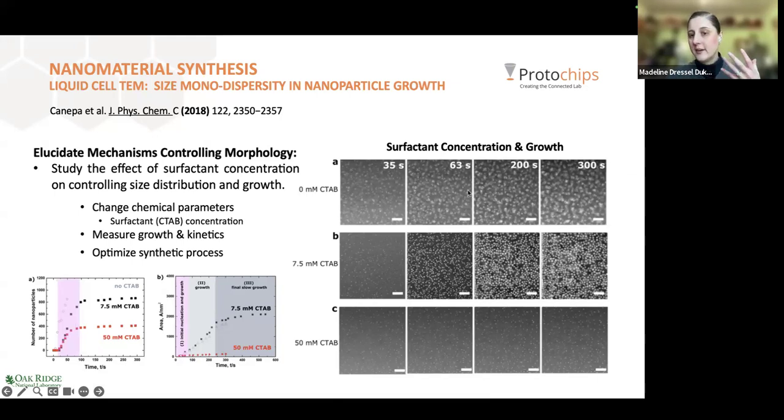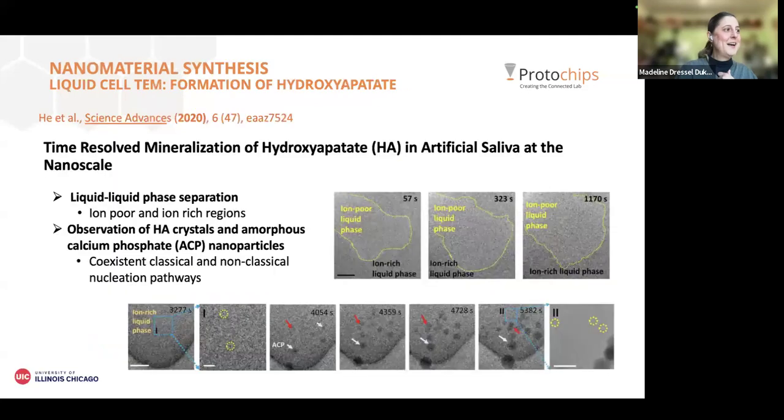You can see very clearly the effect the surfactant has on controlling the size distribution and growth rate. They were able to measure that and determine some of the kinetics. Something like this could be used to optimize an experiment and understand better what's happening.